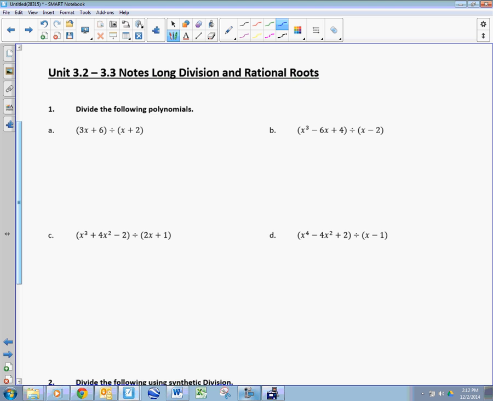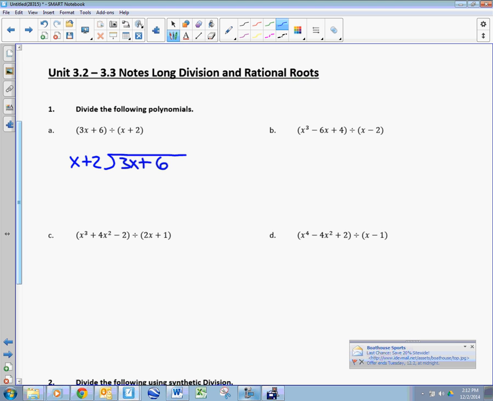So 3x plus 6 divided by x plus 2. We're going to work through a few of these. X plus 2, how many times does it go into 3x plus 6? What you do is you ask this question: what do you multiply x by in order to get 3x? You multiply by 3. Is 3 more similar to 3x or to 6?